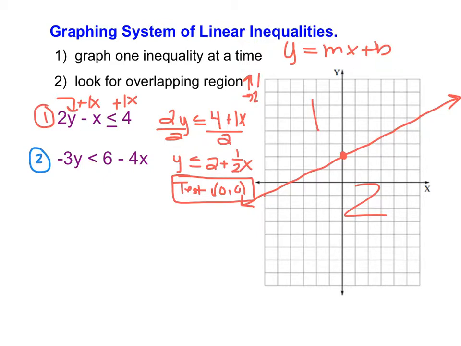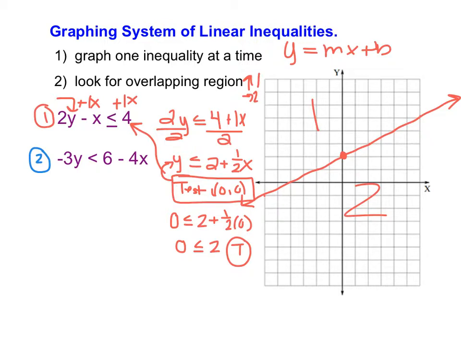So I'm going to substitute it back into that inequality. I'm just going to substitute it right back into here. You can also put it back into your original. It doesn't matter. And here I substituted in 0 is less than or equal to 2 plus 1/2 times 0. So I get 0 is less than or equal to 2, which I know to be true.